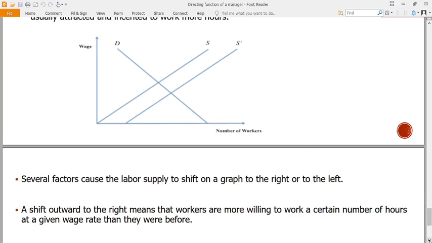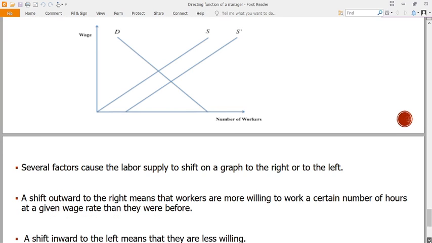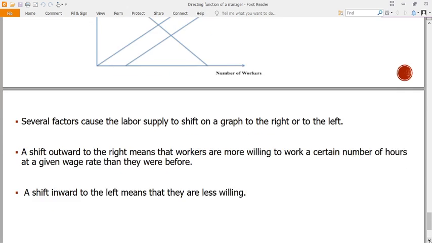So meaning that even when a wage remains constant, a worker might choose either to work or not to work, or even when there is an increment in a wage, a worker might choose not to work. And then there could be scenarios where there is a reduction in a wage, but a worker is willing to work.